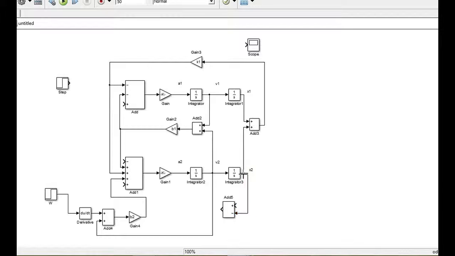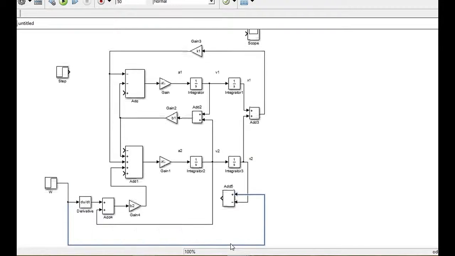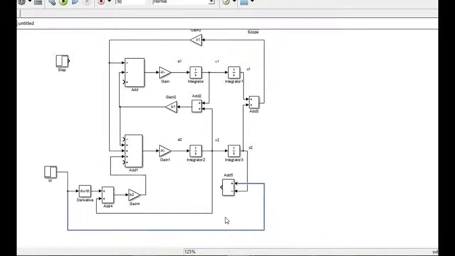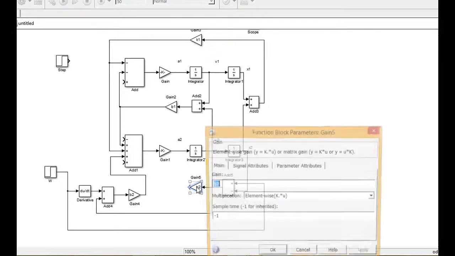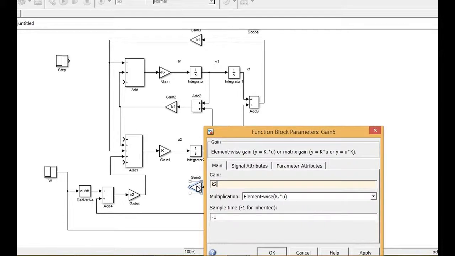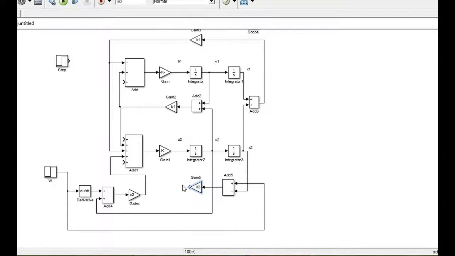Change it. This goes to x2. This comes to w. I think it's fine. I'll just take it down. Yeah, this is okay, and this is equivalent to k2 times, right? So I'll just take it, Control R to rotate it, and yeah, this is k2. Instead of b2, I'll have to change it to k2.